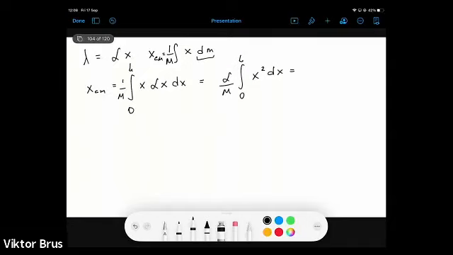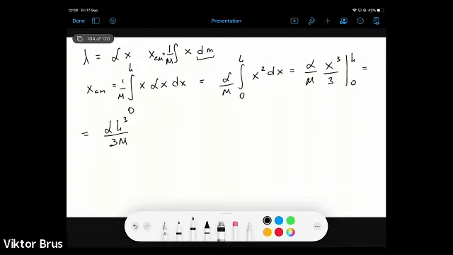So alpha divided by m times x cubed divided by 3 from 0 to L. So when we substitute these limits, we will get alpha times L cubed divided by 3m.